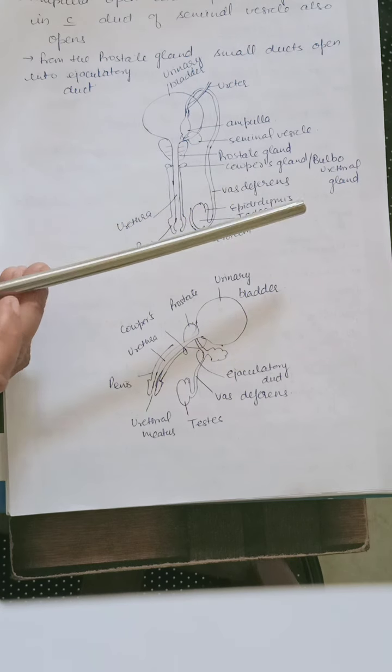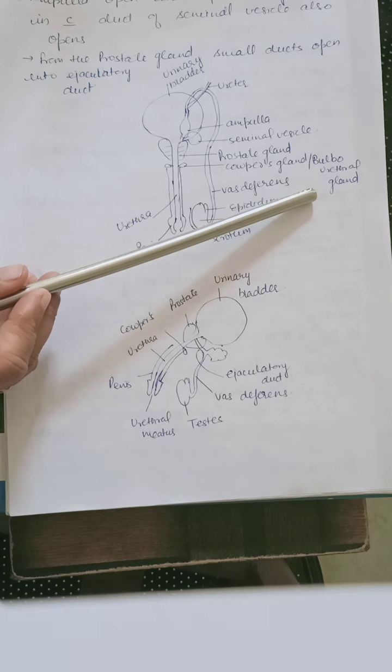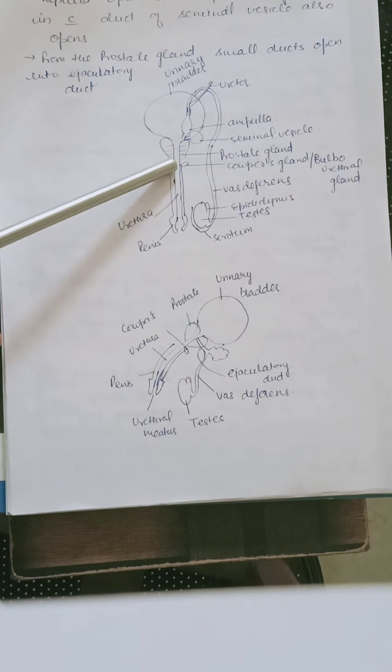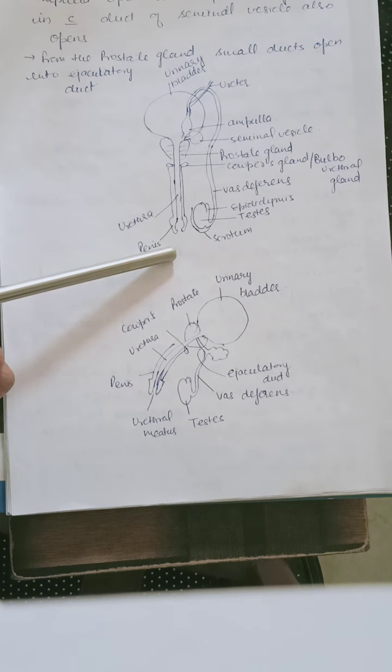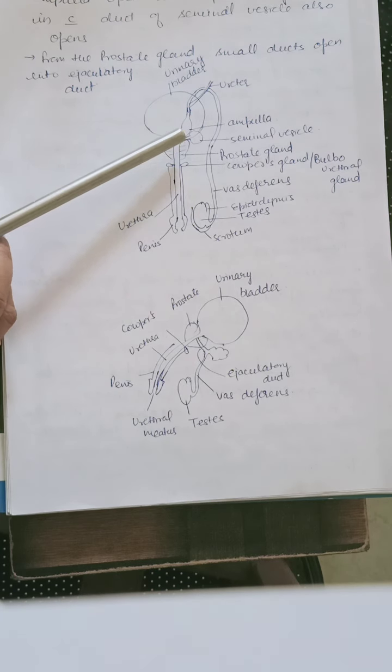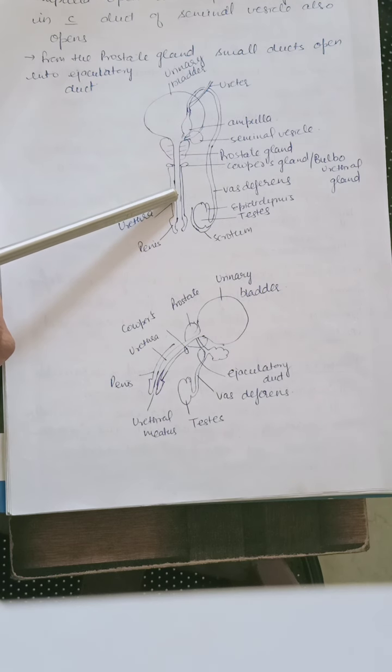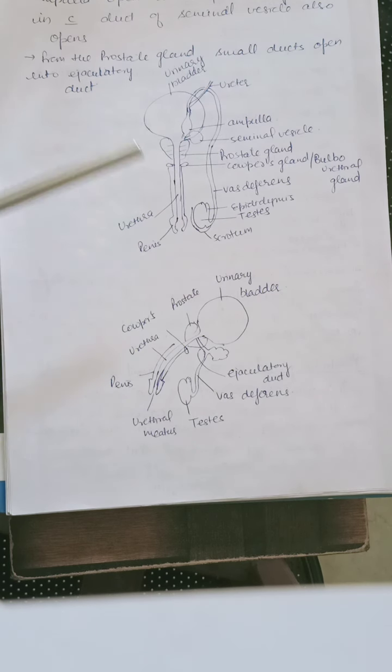This Cowper's gland is also known as the bulbourethral gland. Now the ejaculatory duct becomes the urethra, which opens out through the penis.